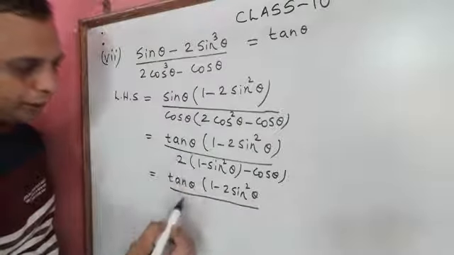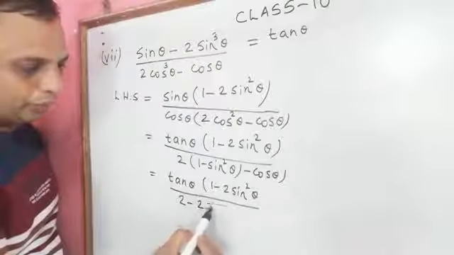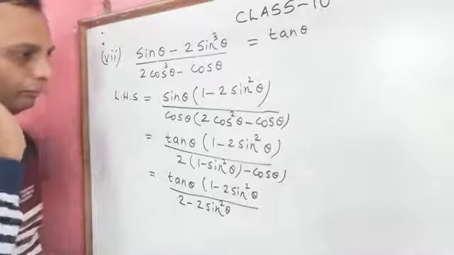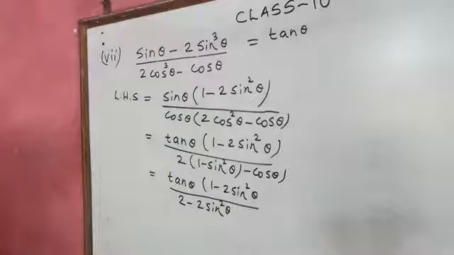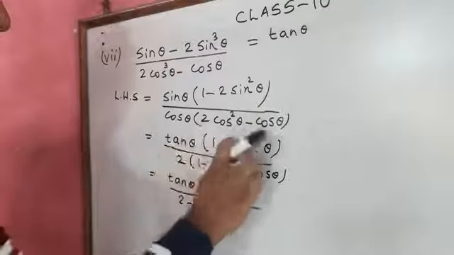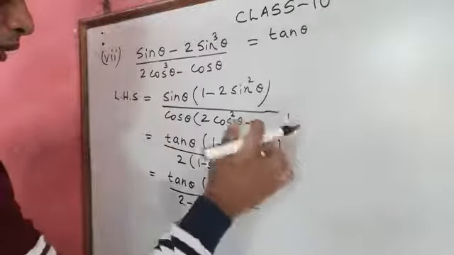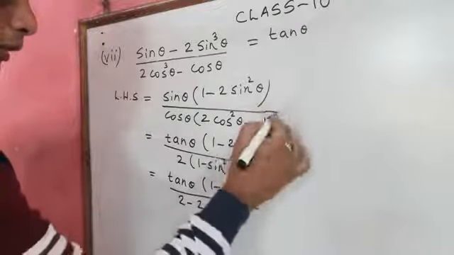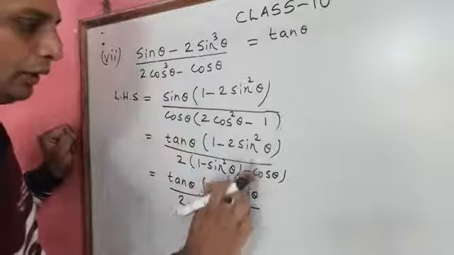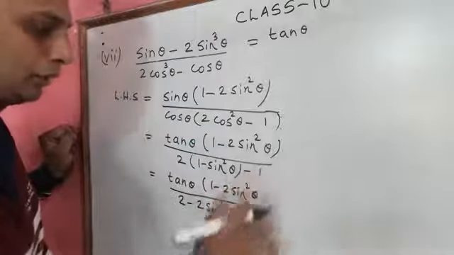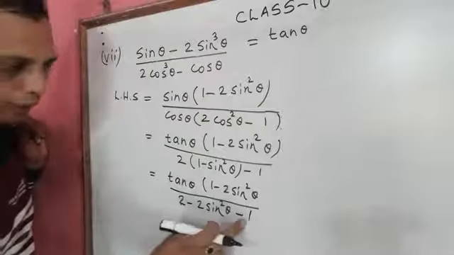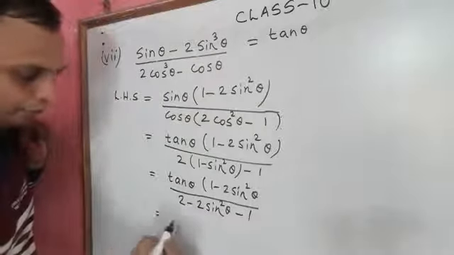If I multiply 2 here, I get 2 minus 2 sin square theta, and the minus 1 will come because I had taken cos theta common. So 2 cos square theta minus 1. Now 2 minus 1 will be 1.